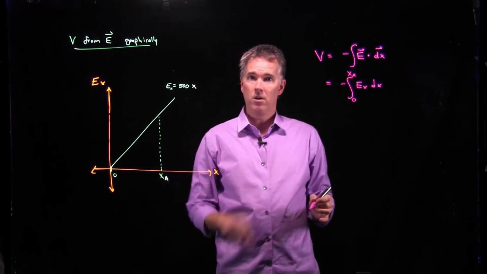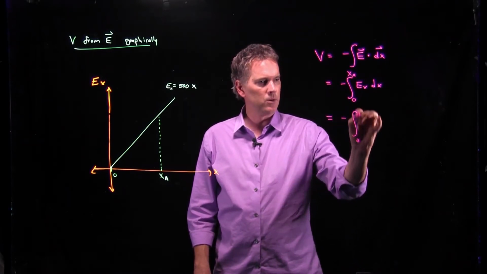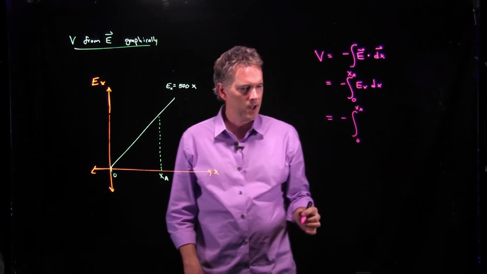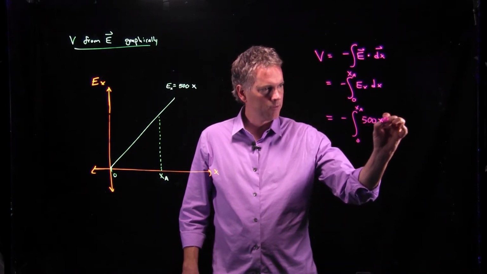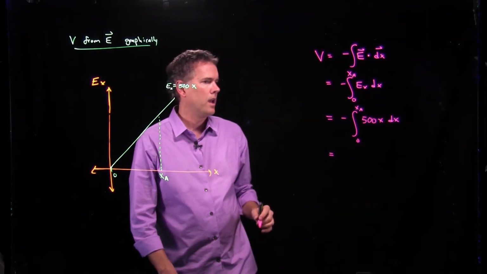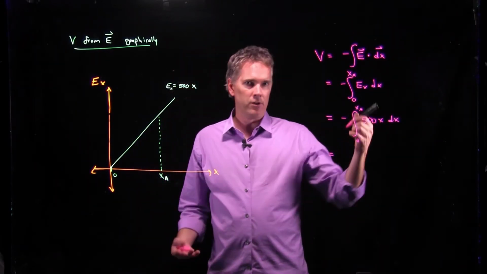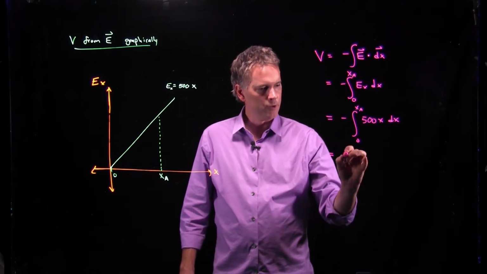But this is our electric field. So we have the integral from 0 to xa of 500x dx. And now we know how to integrate that. 500 is just a number. If I integrate x, I get x squared over 2.